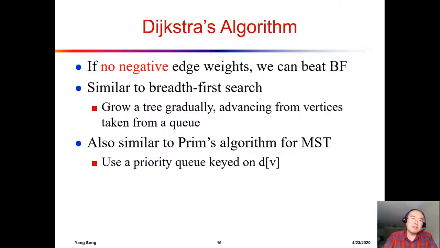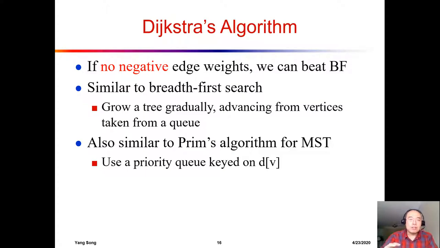Well, the idea of the Dijkstra algorithm is, as I said, I want to reduce the number of times of visiting the same edge again and again. The mindset is a little bit similar to the breadth first search, BFS. We are trying to explore our boundary gradually.